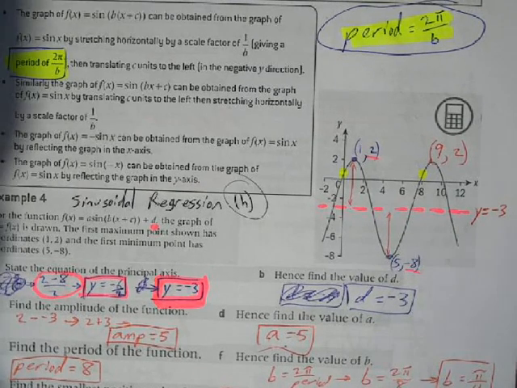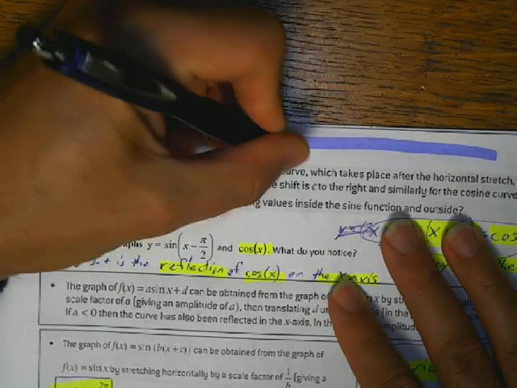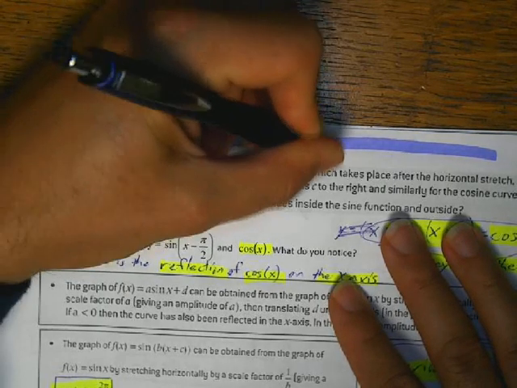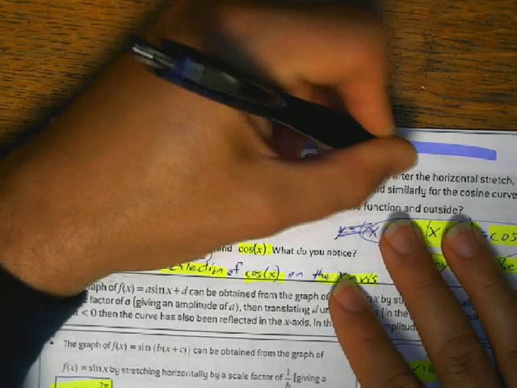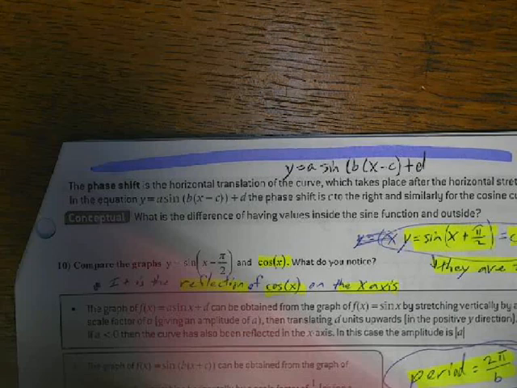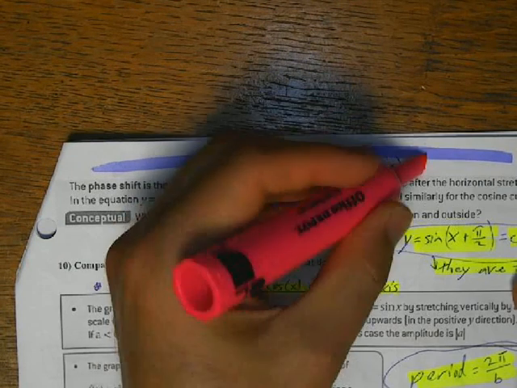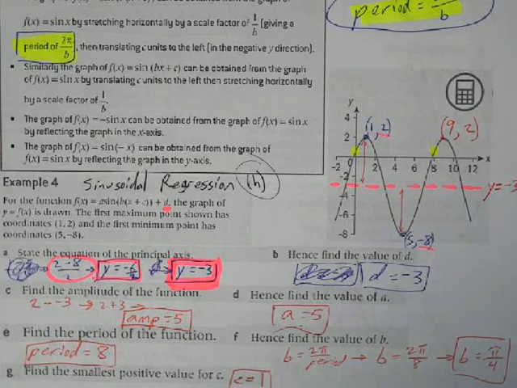So they're referring to y equals a sine of b times x minus c, plus d. So d gives you the value of the principal axis. Now, find the amplitude.